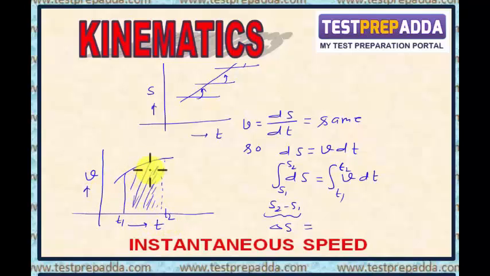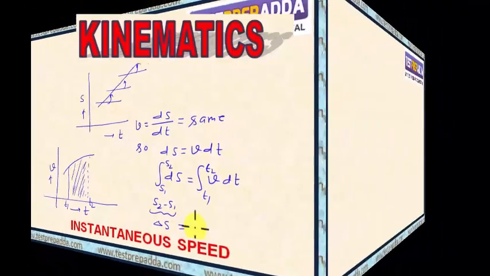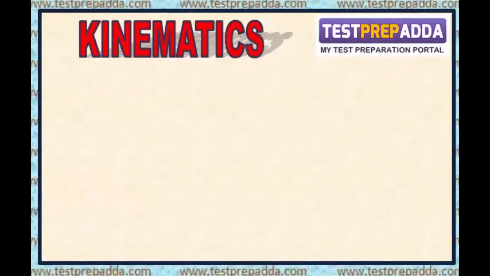It is the area under the curve. So distance traveled can be found by finding the area under the curve. Got the idea? Now to understand the concept of speed, I'll take few questions here.